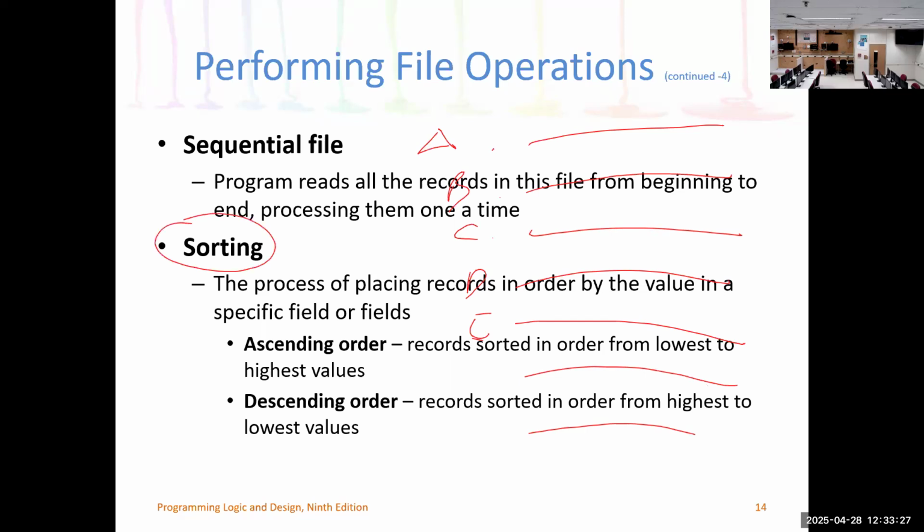The sorting is the process of placing records in order by value in a specific field. Think about it: you have multiple names, multiple addresses, and multiple pay rates.